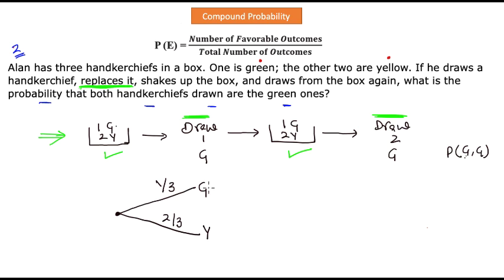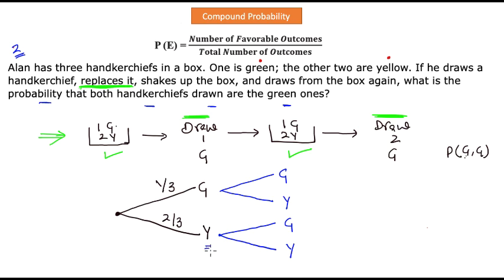Now, if the first selection happened to be green, and I put it back into the box and go for my second selection, then I will have either a green again or a yellow again. Likewise, if the first selection happened to be a yellow but I put it back into the box, then the outcome still could be either a green or a yellow in the second draw.